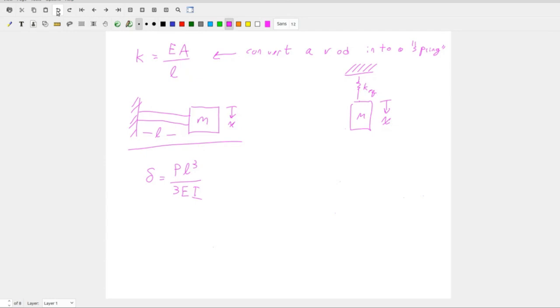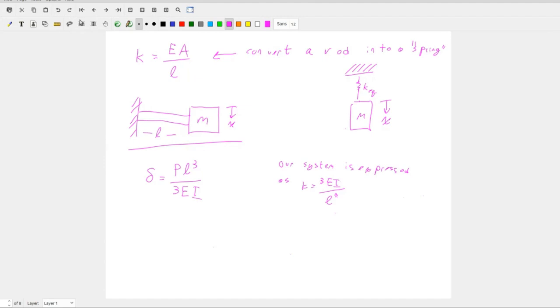So before, if we know the system, so our system is expressed as K is equal to 3EI over L cubed.